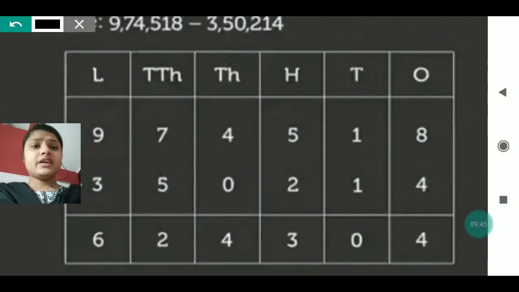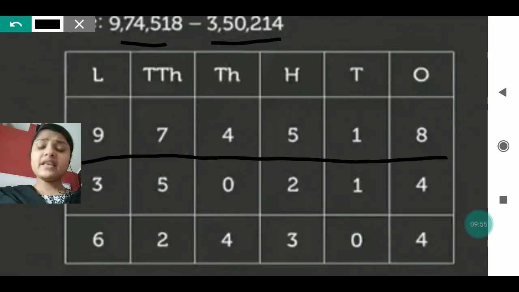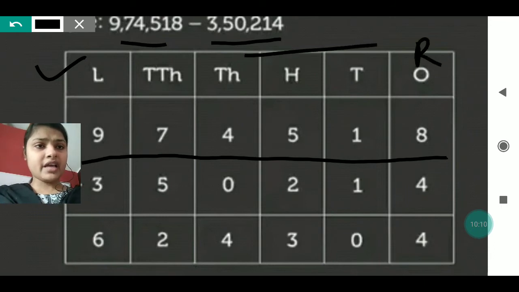See, here again I have taken a 6-digit number, and this is also a 6-digit number. So again the same process: arrangement of the numbers according to place value. The place value will be put upside before arranging the numbers. After that, according to their place, you will arrange the numbers downside. Then you will start subtracting from right to left.